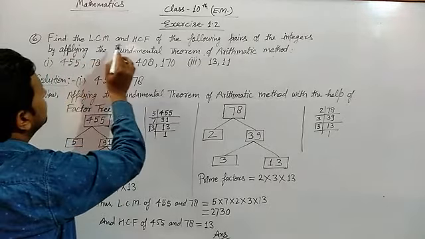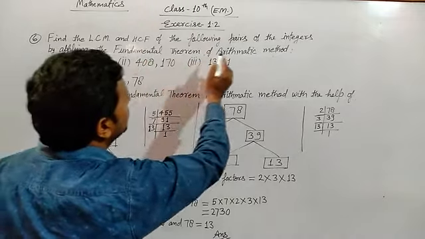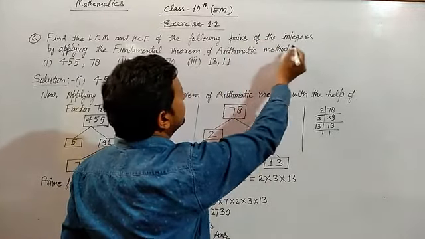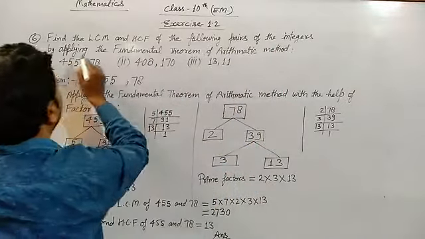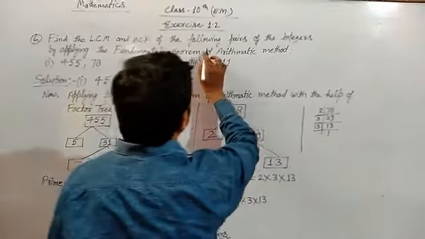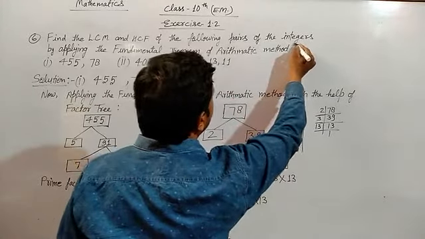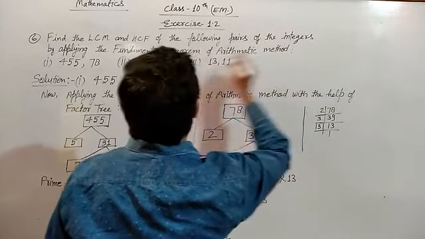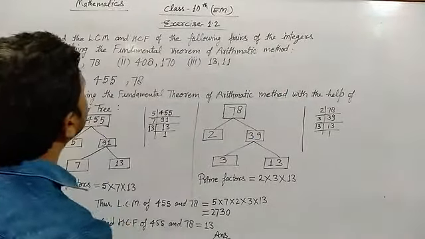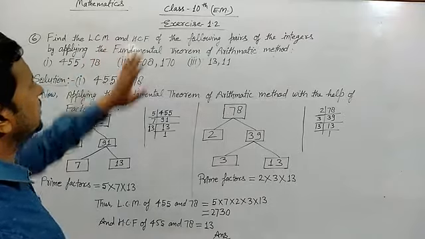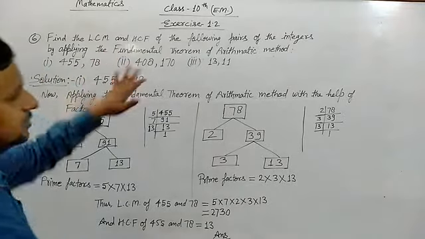Find the LCM and HCF of the following pairs of the integers by applying the fundamental theorem of arithmetic method. It means once again we have to solve and get LCM and HCF of two numbers here.